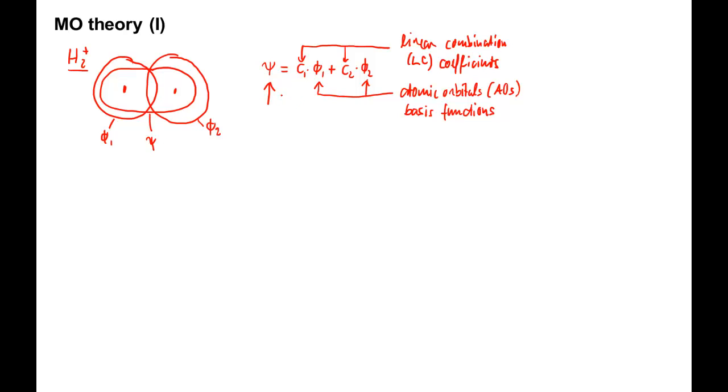It is called a molecular orbital, or MO for short. So, the molecular orbital is represented as a linear combination of atomic orbitals, or basis functions. This is the basis of molecular orbital theory. Of course, using only 2 basis functions is only a minimal description, and so we can expect only approximate results.